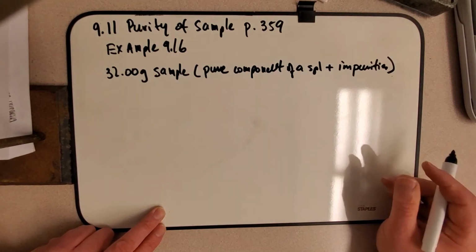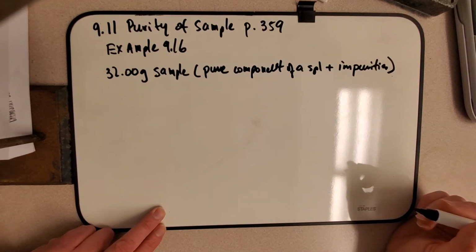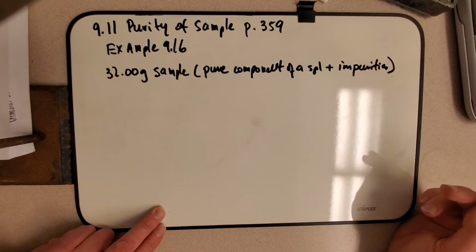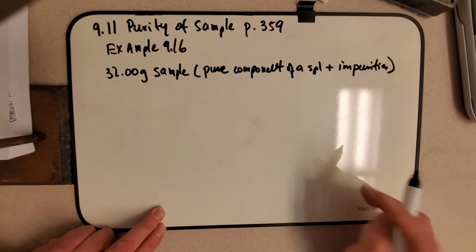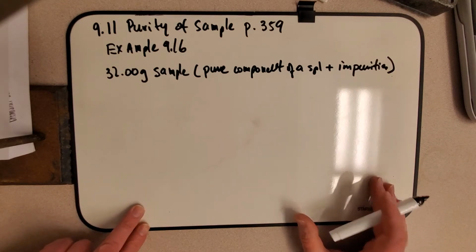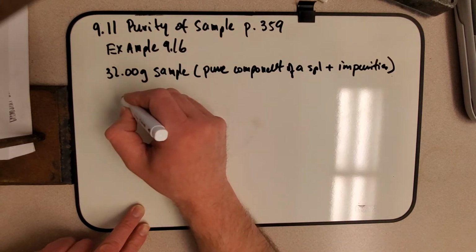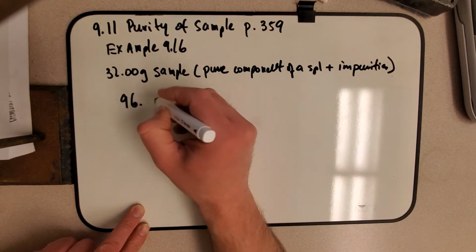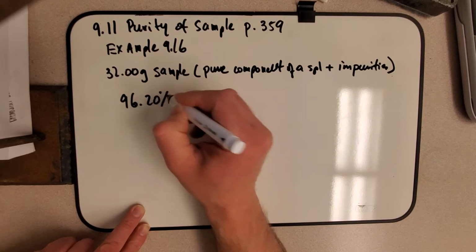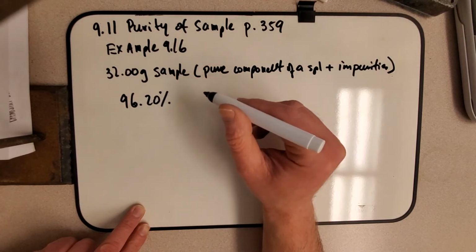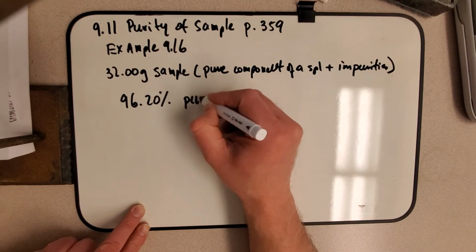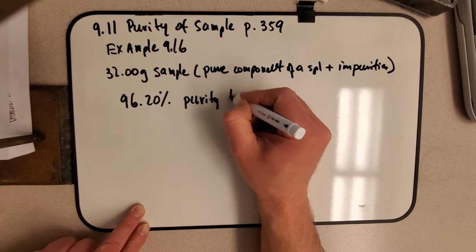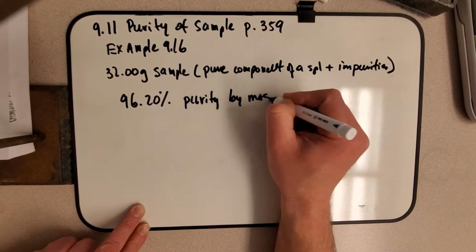In order to figure out the impurities in the sample, you will have to do some chemical analysis to determine that. But they will also give us that the sample has 96.20% purity by mass. So what does it mean by mass?